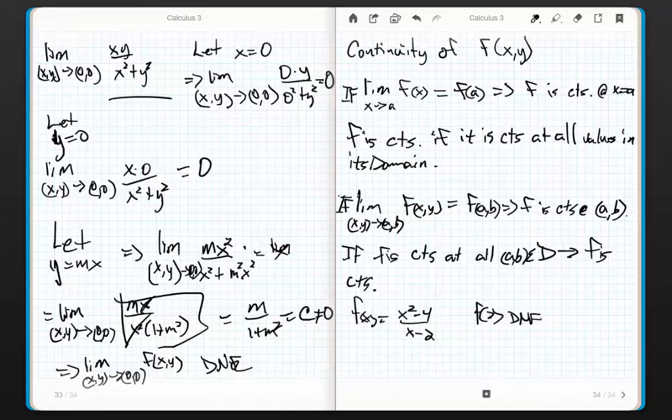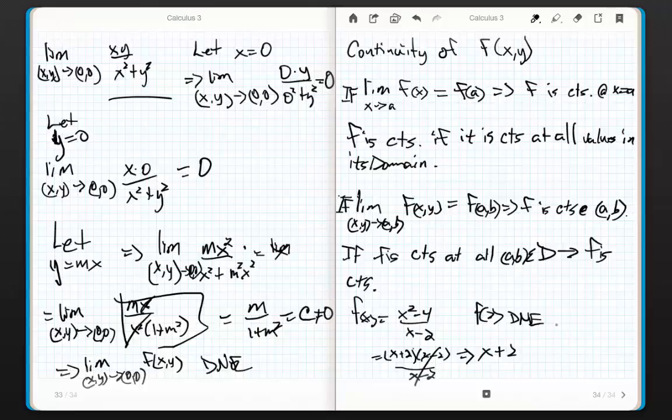It punches a hole, right? Because I can do a little bit of algebra and I get x plus 2 times x minus 2 over x minus 2, and I punch a hole. This behaves like x plus 2, except it's got a hole at x equals 2.